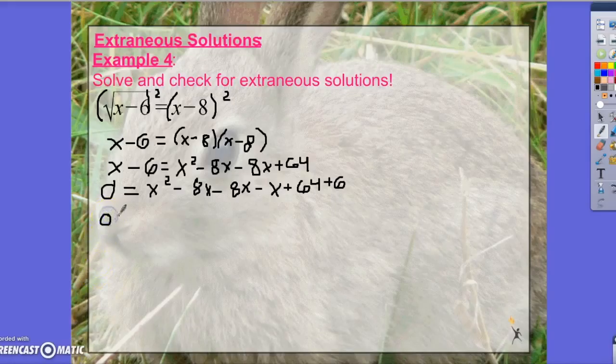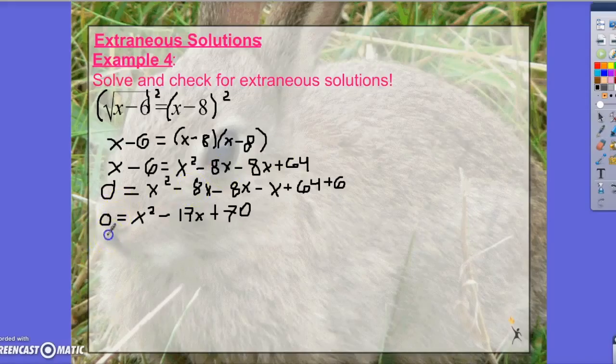Now we're going to simplify. What you're going to notice here, we get 0 equals x squared minus 17x plus 70.